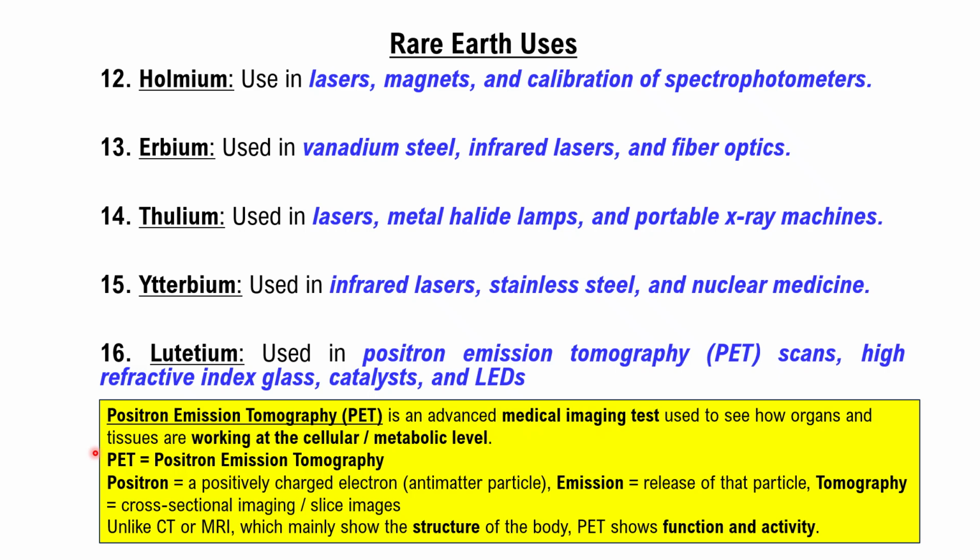Positron is a positively charged electron, and emission is the release of that particle. Tomography is cross-section imaging, that is, slice imaging. Unlike CT scan and MRI, which mainly show the structure of the body, this shows activity. That is the difference between CT scanning, MRI, and PET.